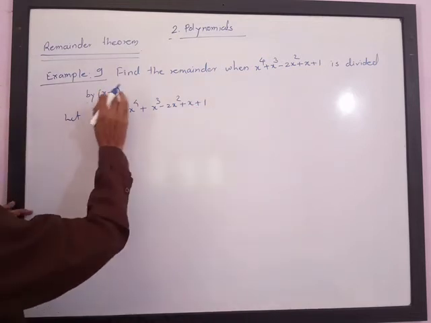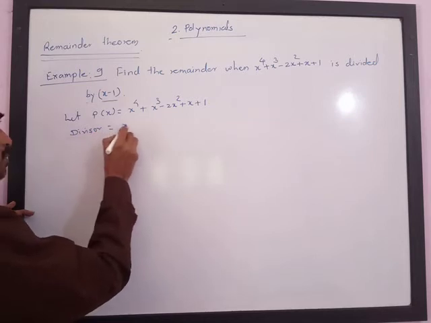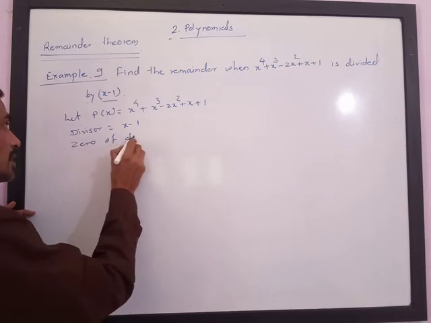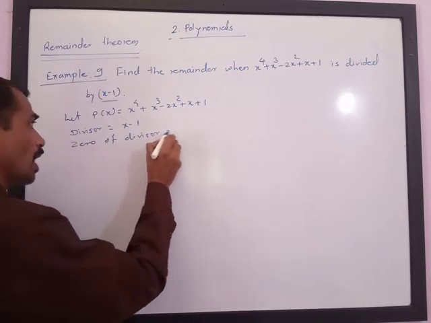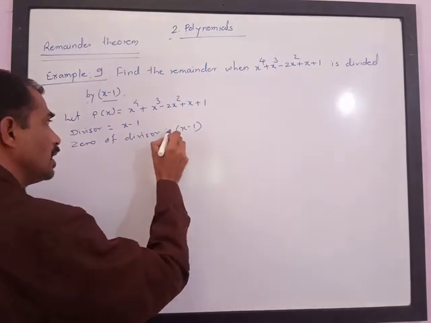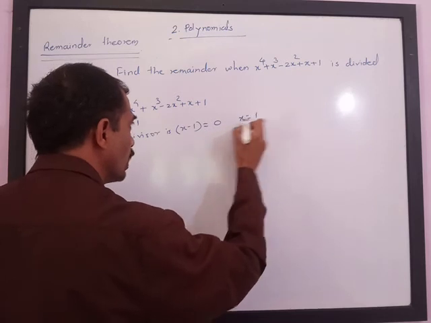Now this is divided by x minus 1, so divisor is x minus 1. To find the zero of the divisor, equate it to 0, so we will get x is equal to 1.